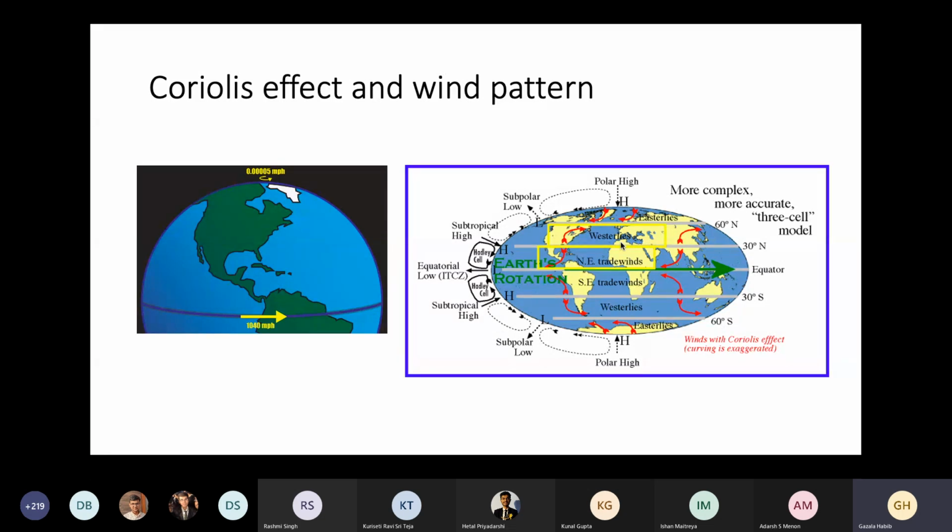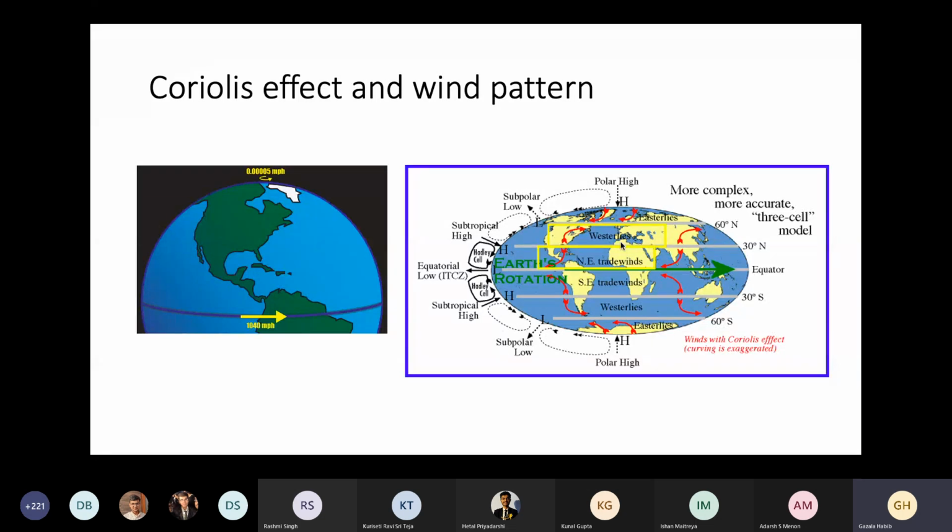So it's not like this is the only wind direction. This is explaining what happens at large scale. This will happen because of the rotation of the earth. There are various other parameters that will affect the wind or meteorology at lower scale, or micro scale, you can say.